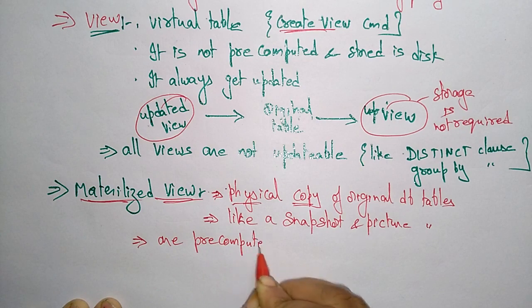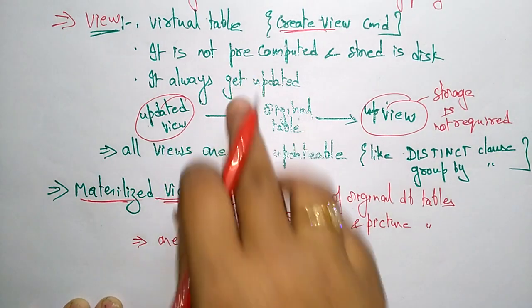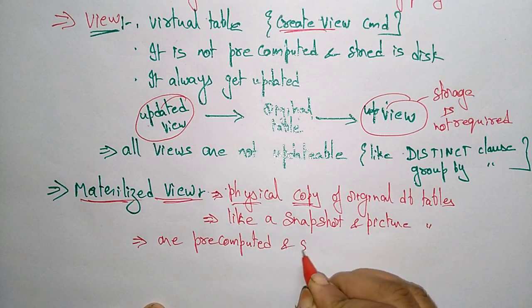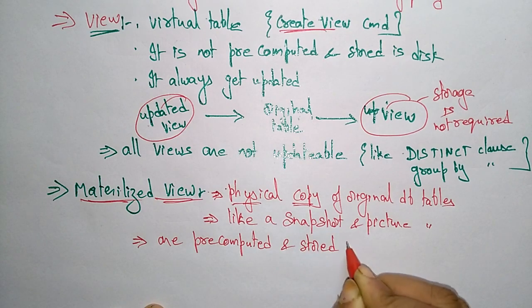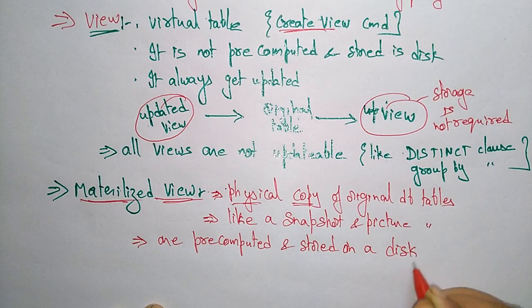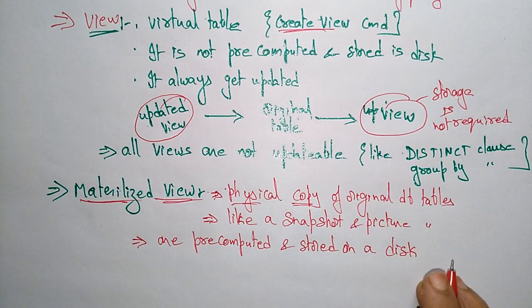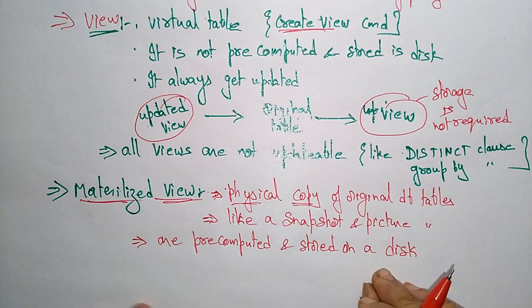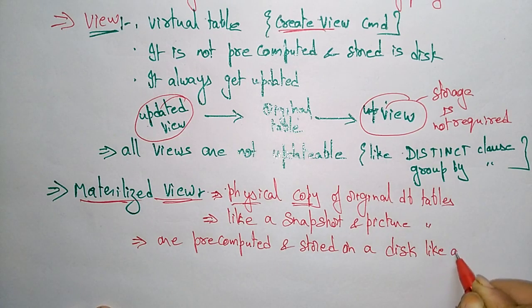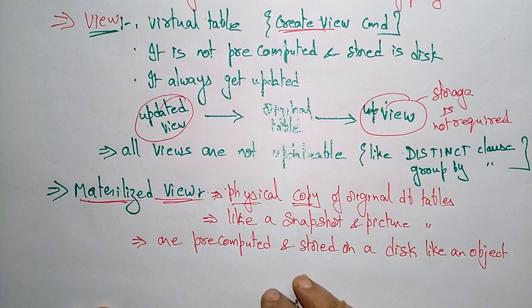In the view we said that it is not pre-computed, whereas materialized views are pre-computed, and these are stored on a disk. The result of the database tables will be stored on a disk just like an object. So whenever we want that table, we just call the object, then you will get the information.